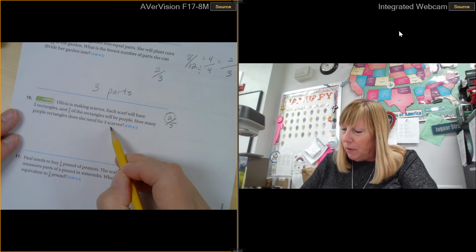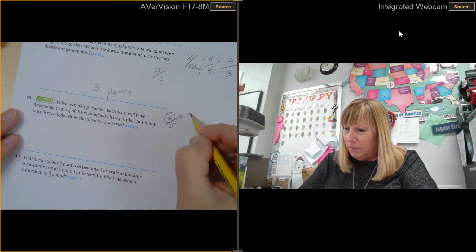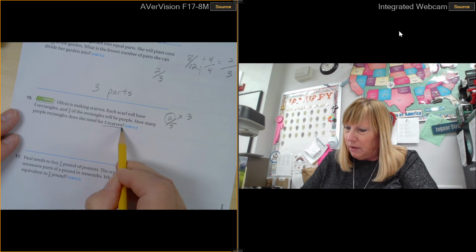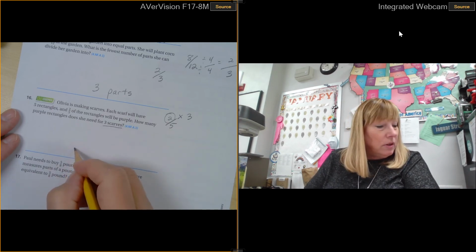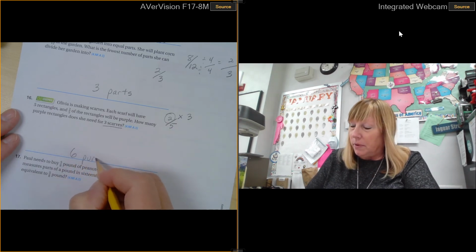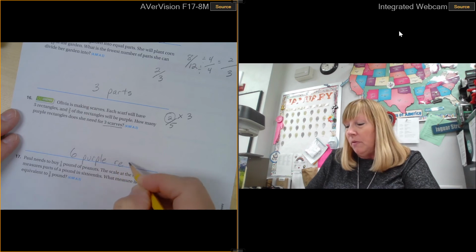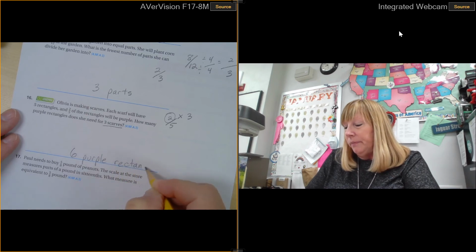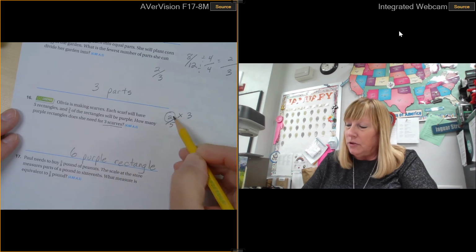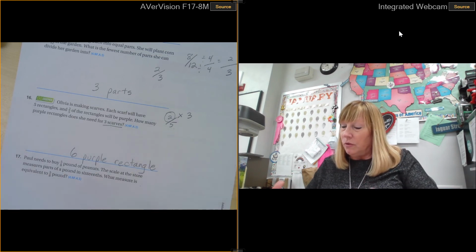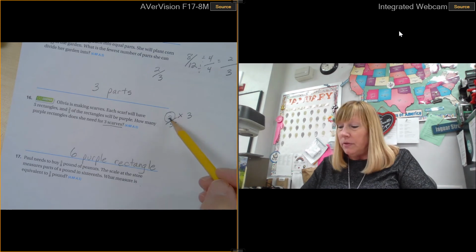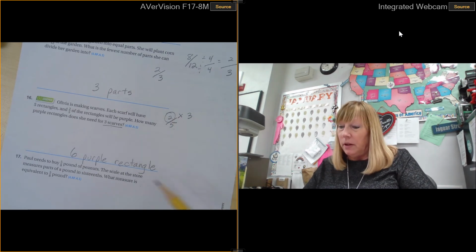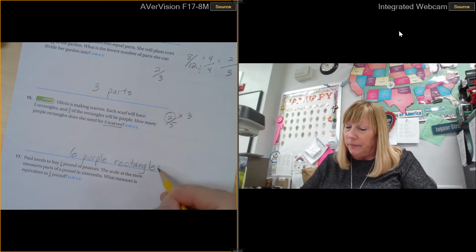How many purple? Well, that's like 2 times 3 because she's making 3 scarves. So she's going to need 6 purple rectangles, because 2 out of the 5 rectangles are purple, and if she's going to make 3 scarves, 2 purple times 3 would make 6 purple rectangles.